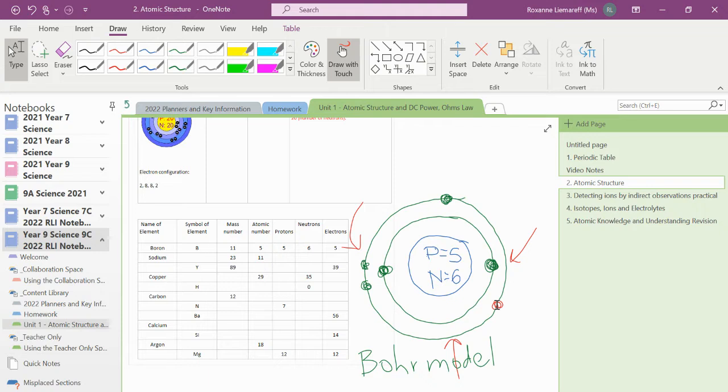Okay, so in order for an atom to be stable, atoms like to have a full shell, so it likes to have a total of 8 electrons.